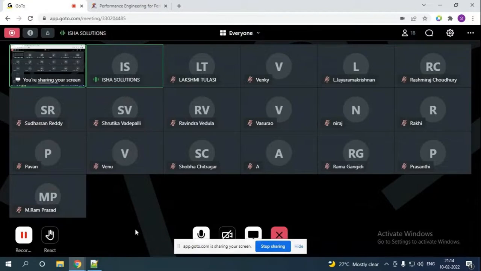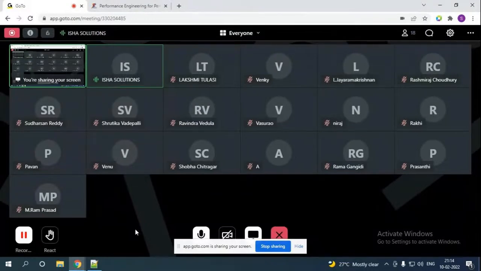How will you usually analyze a heap dump? That question usually comes. Or how will you analyze your thread dump? That is also a very important question. Is there an option available in JVisualVM to find a deadlock? We can do that too.